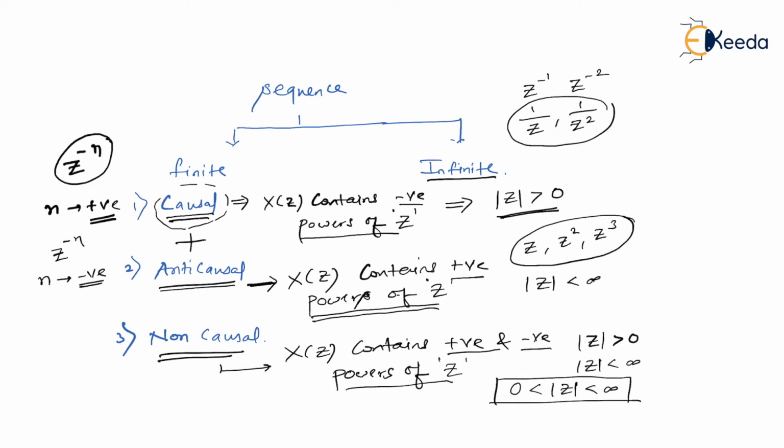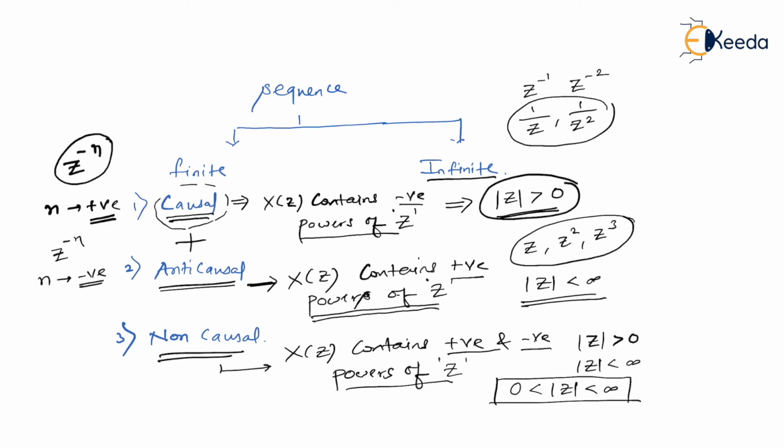Or we say that it is the entire z plane except 0 and except infinity. Here ROC is the entire z plane except z equal to infinity, and in this case I can say it is ROC having the entire z plane except z equal to 0. I'm sure now you are quite comfortable with z transform of finite length sequence.